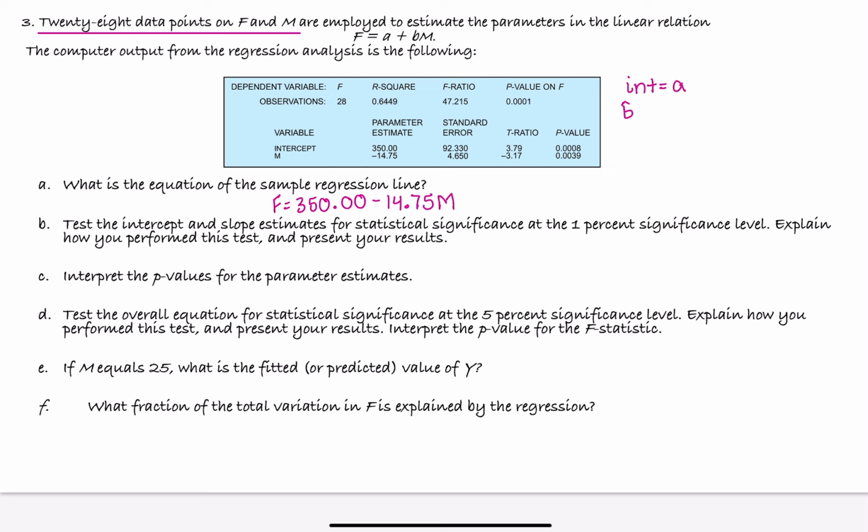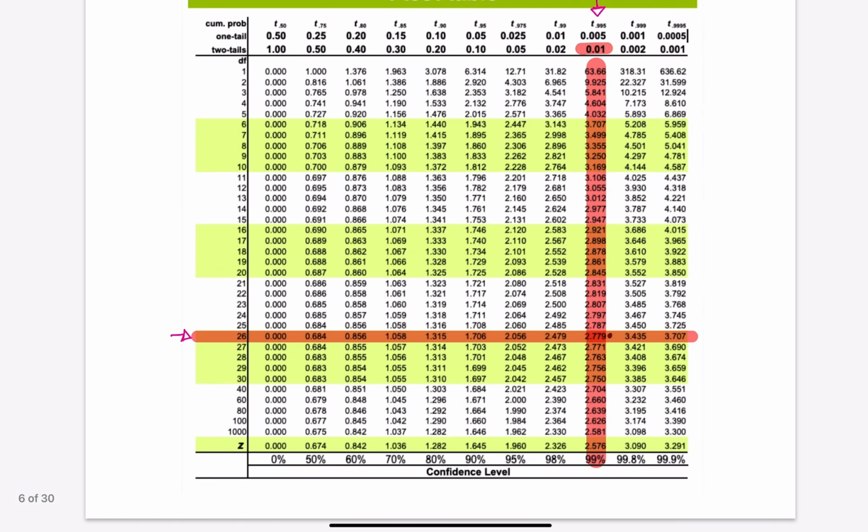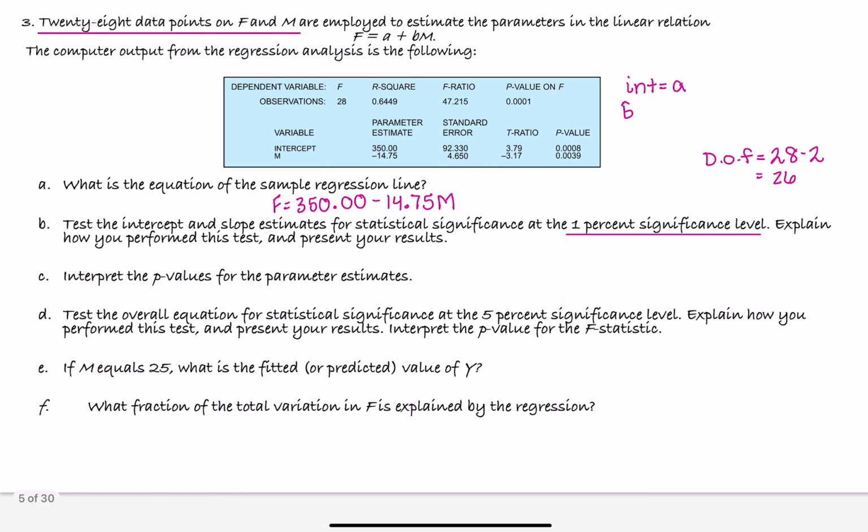Test the intercept and slope estimates for statistical significance at the 1% significance level. In order to do that, we have to figure out our degrees of freedom. Degrees of freedom is going to be 28 minus 2, because we're estimating 2 parameters, which is 26 degrees of freedom. Go to our table. We see that our t-statistic value is 2.779. So then we are going to compare these numbers in the table to our 2.779.